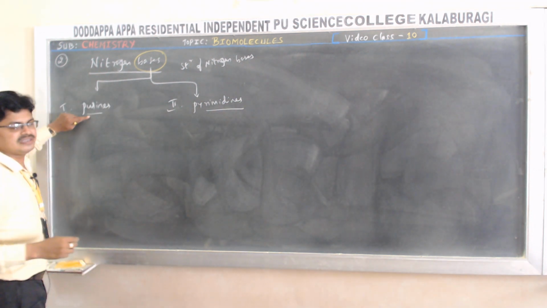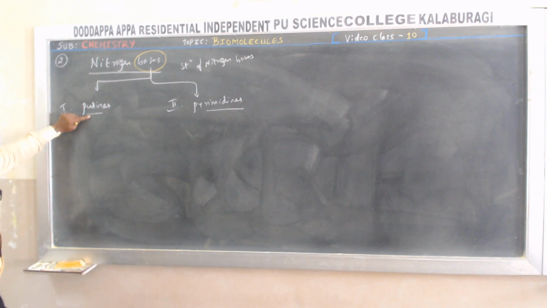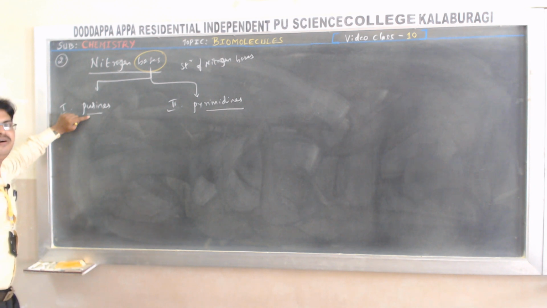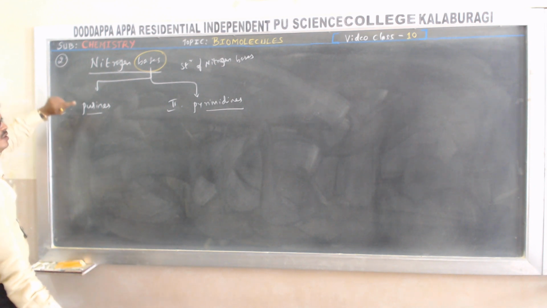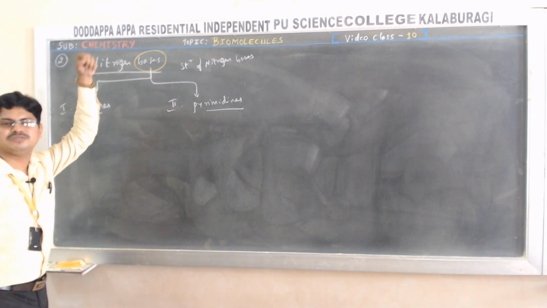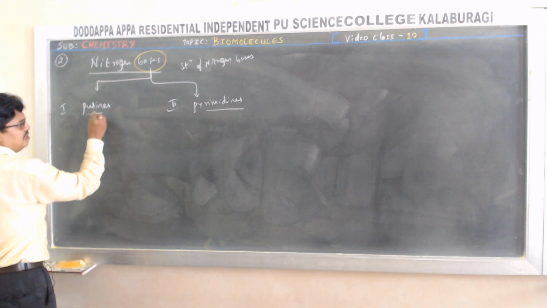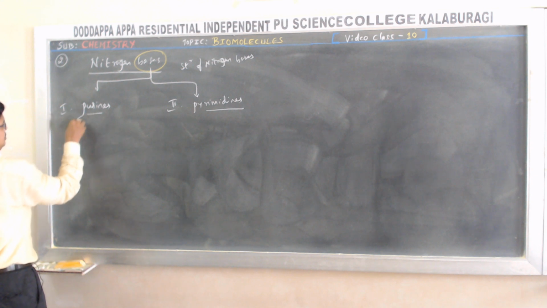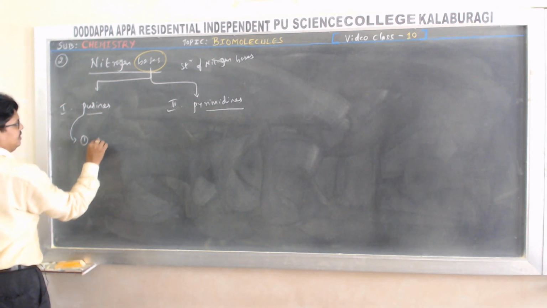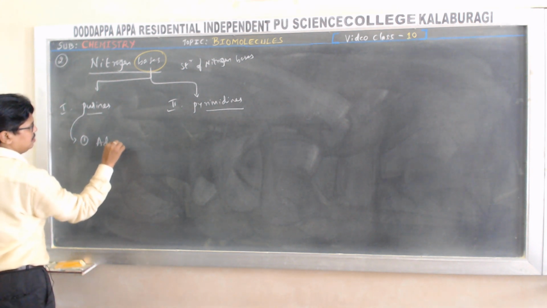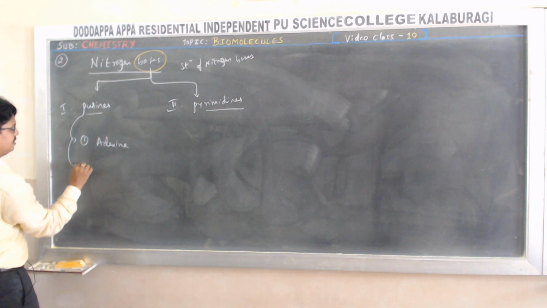See, what are purines? Purines are the heterocyclic compounds made up of double ringed structure. Purines involve adenine and guanine.